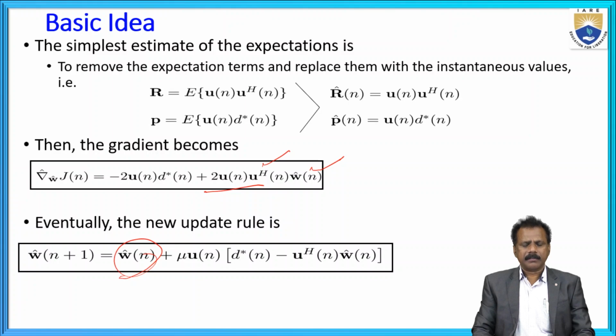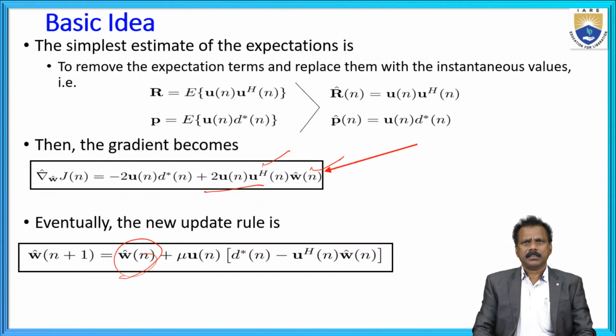From this, the expectation terms are removed, the gradient is obtained, and then the new update rule is framed mathematically. This is the basic idea for analyzing our least mean square error filter design.